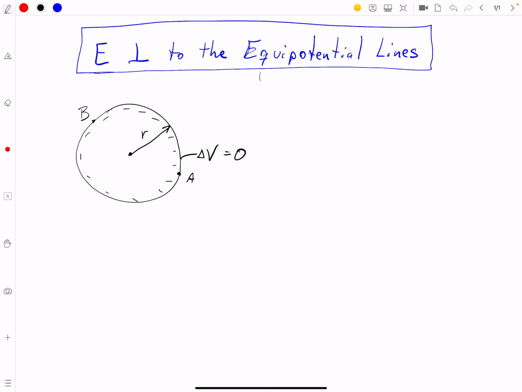Now if we connect this thing with a wire, we connect it to the Earth's ground, then our equipotential equal to 0 will also be equal to the Earth's potential.